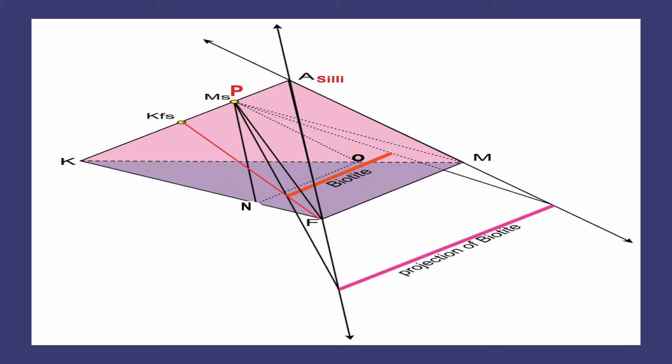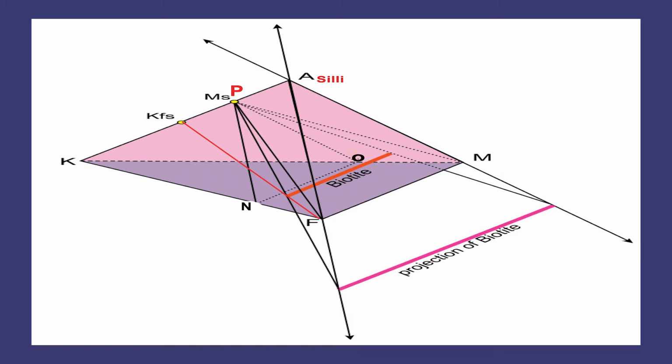Thus, in contrast to the ACF and AKF diagram, FeO and MgO are treated as two components in this case of AFM projection. This projection is particularly useful for assemblages of pelitic rocks except at the highest grade of metamorphism.